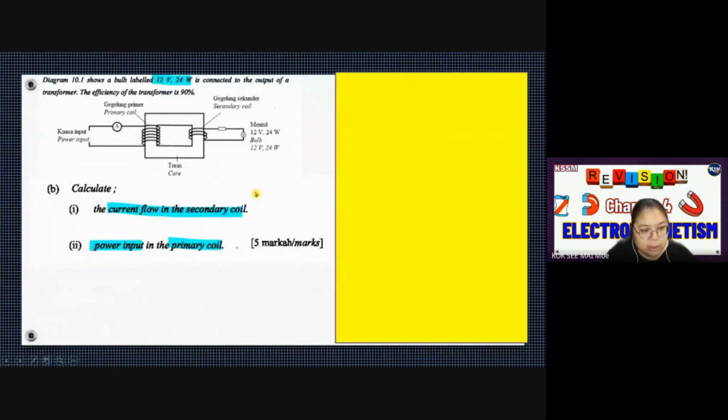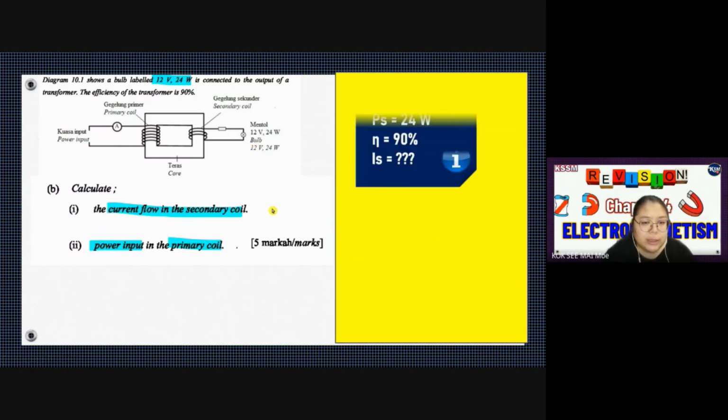Then we do calculations. The current flowing in the secondary coil. They want to ask about the current. So for the current in the secondary coil, we just look at the output part. We have power and we have voltage, so no problem, you find the current. From the info, power output 24, voltage 12. Then they give you the efficiency, 90.